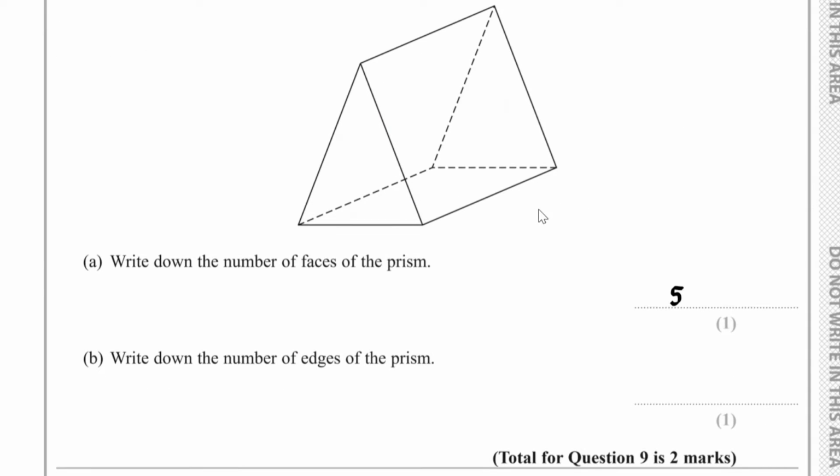Then we have to write down the number of edges of this prism. Well, we've got 1, 2, 3, 4, 5, 6, 7, 8, 9. We have 9 edges of this prism.